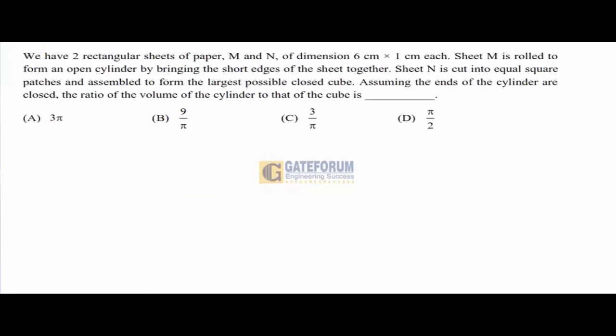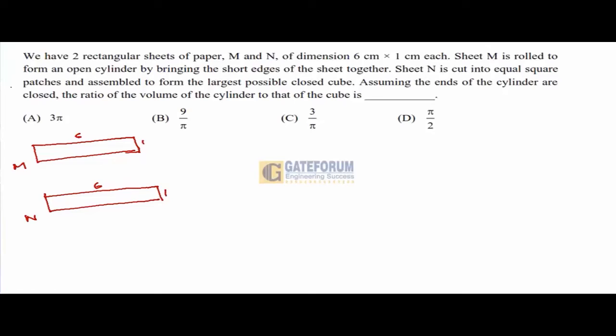The next one, we have two rectangular sheets of paper M and N of dimension 6 centimeter into 1 centimeter each. So every dimension is same. So basically you see this is the shape of, say suppose, M as well as N, with this larger side being 6 and this smaller side being 1 centimeter.